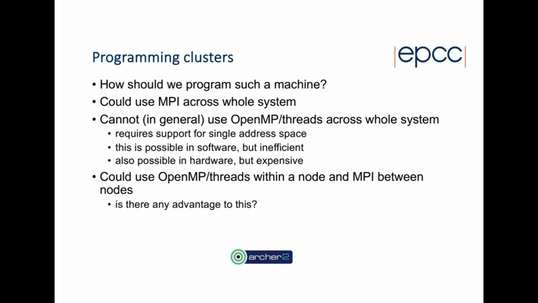That's also been done in the past: building non-uniform memory access distributed shared memory systems, in the past with maybe a few hundred nodes. But the hardware is expensive to implement. You need special cache coherency mechanisms to implement it effectively, and even then you eventually run out of scalability at some point.